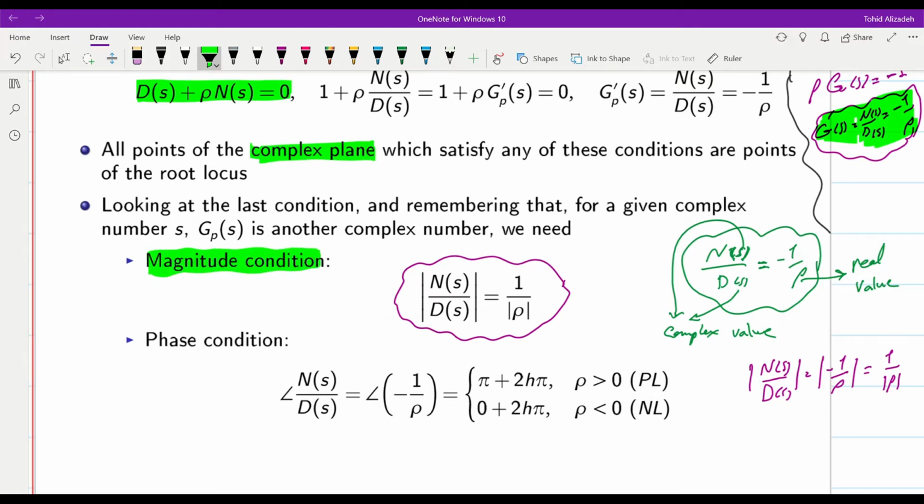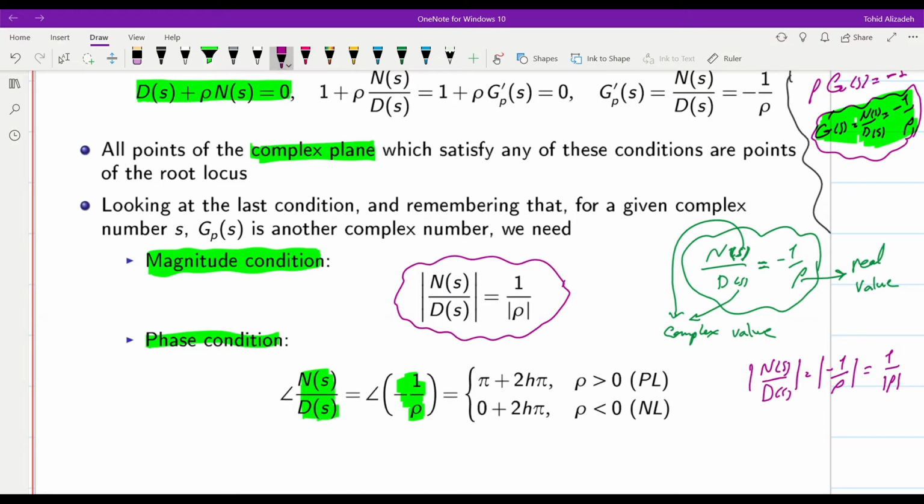The next condition is the phase condition, and it says that the phase of n over d should be equal to phase of minus 1 over rho. So this is quite important, the phase condition. I would say it's more important than the magnitude condition. So phase of n over d should be equal to phase of minus 1 over rho.